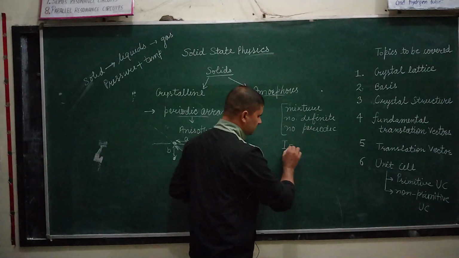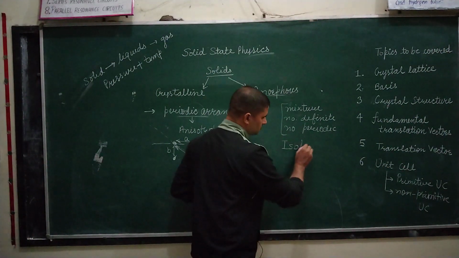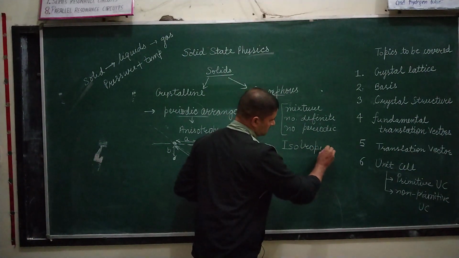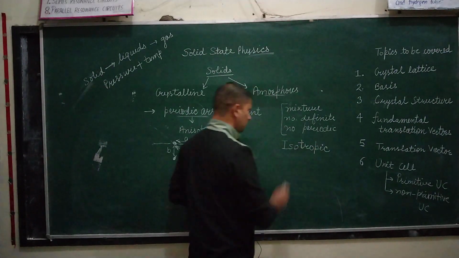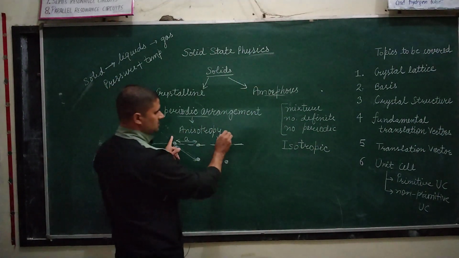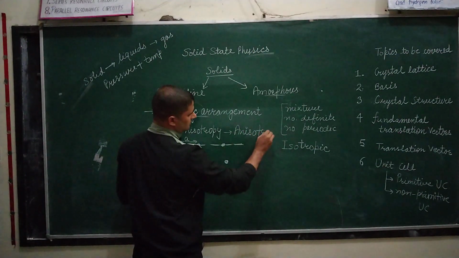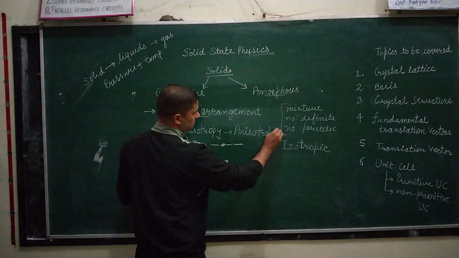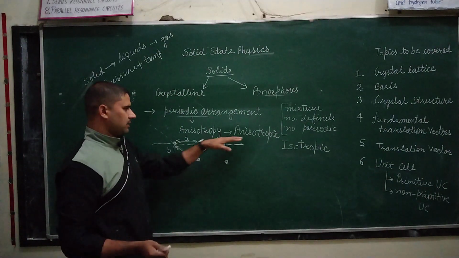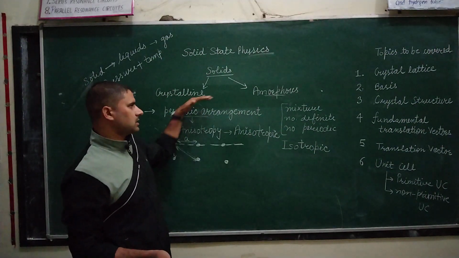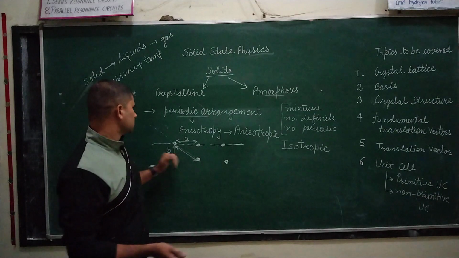So simply I will say these are isotropic. And crystalline solids, these are anisotropic. So this is the very important and basic difference between crystalline and amorphous solids.